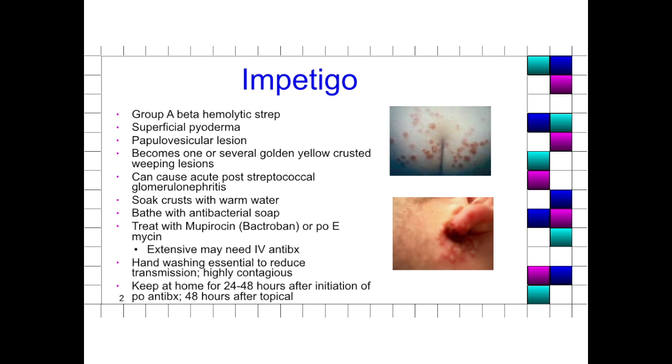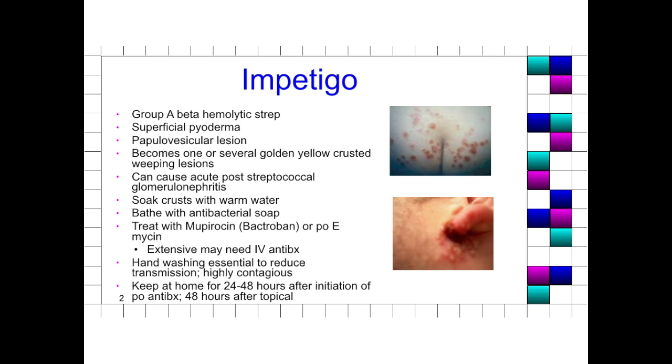It's also known as a superficial pyoderma because it is only on the surface of the skin. When you look at the lesions on the right, you can see that they are what we call papulovesicular. You have some raised erythematous areas that are just solid, while others have little vesicles full of fluid, and they are highly contagious.